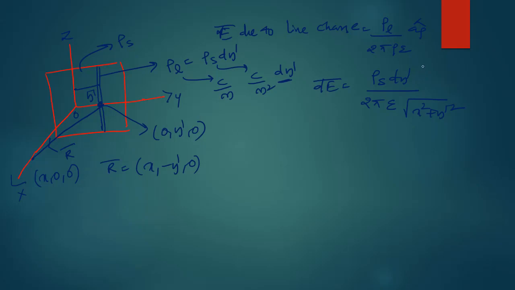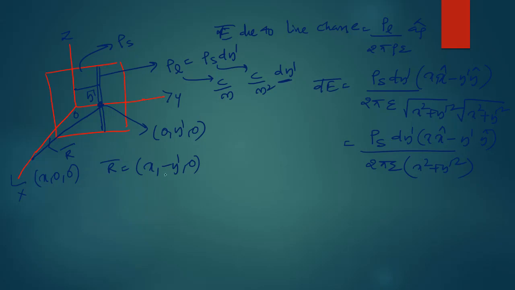Rho is x x cap minus y dash y cap, divided by the square root of x square plus y dash square. So it is equal to rho s dy dash times x x cap minus y dash y cap, by 2 pi epsilon times x square plus y dash square.